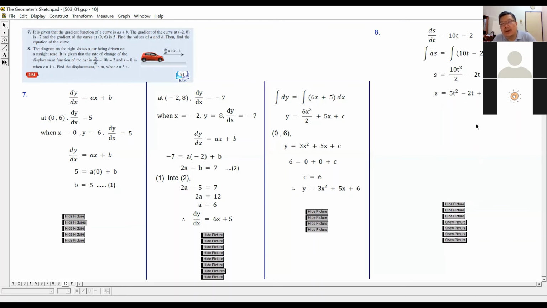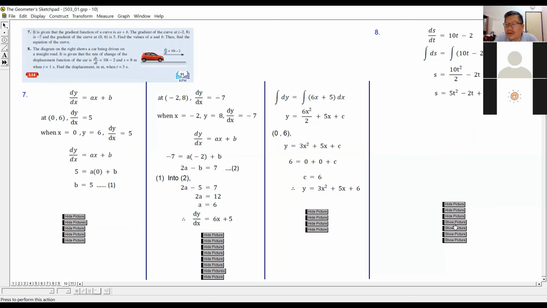So now there's an unknown there, the arbitrary constant. If you want to find the C, you have to substitute in a pair of values. What is the pair of values? You are given here S equals 8, t equals 1.